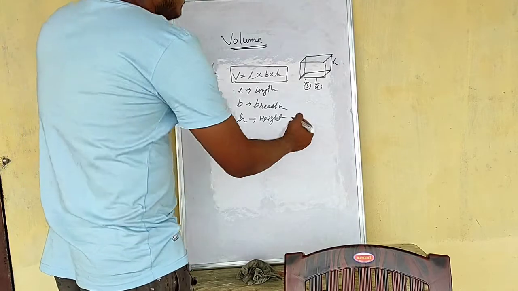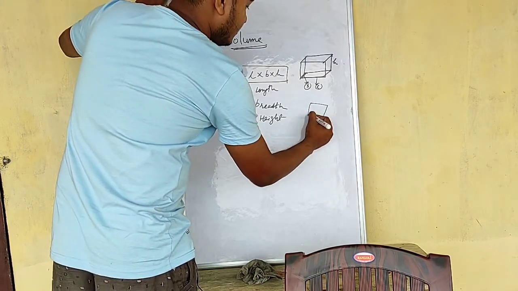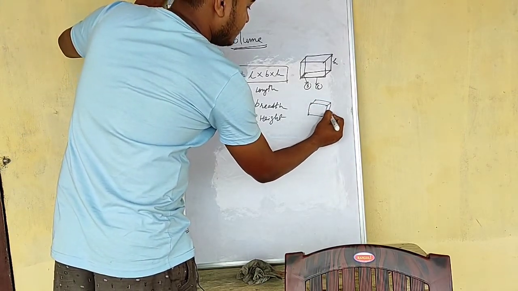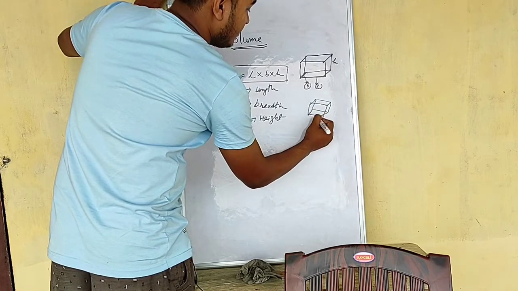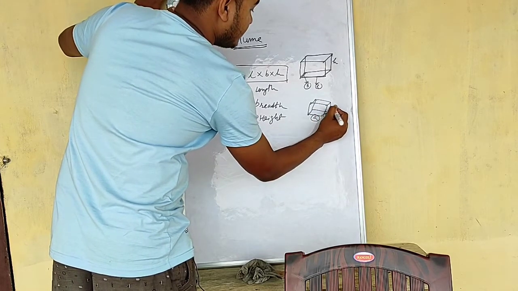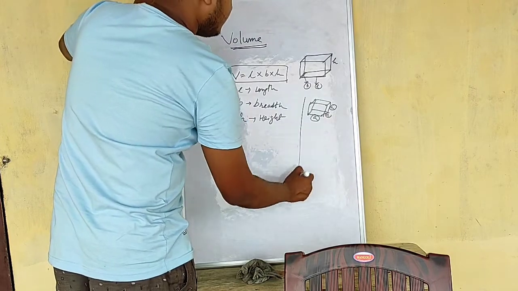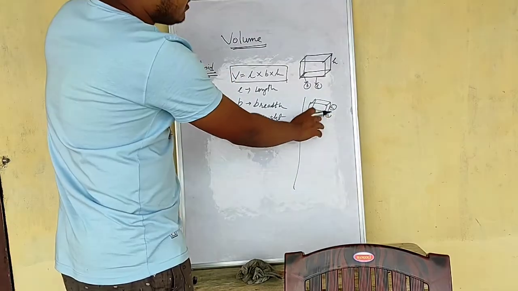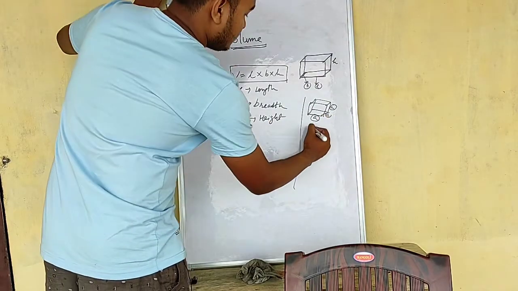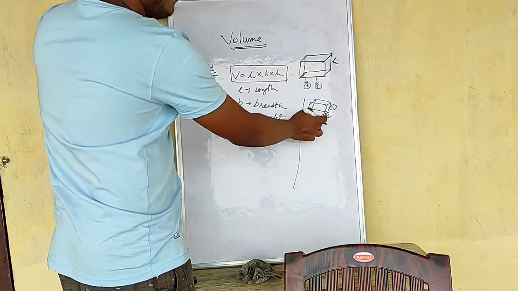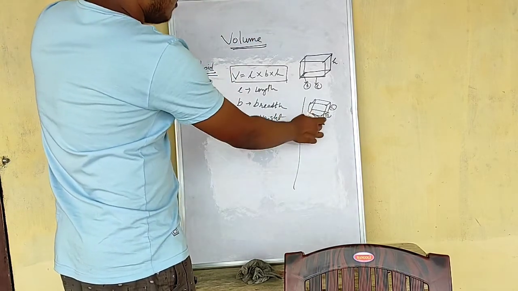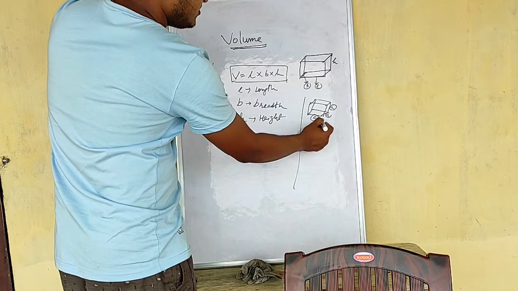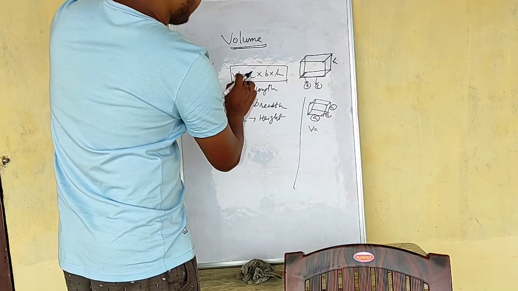Now see what we have learned. In a cube all the sides are equal. If this is a cube, all sides have to be equal in length. So cube is also a type of cuboid. So if we are calculating the volume of a cube, and this is also a type of cuboid, so volume of cuboid is what?